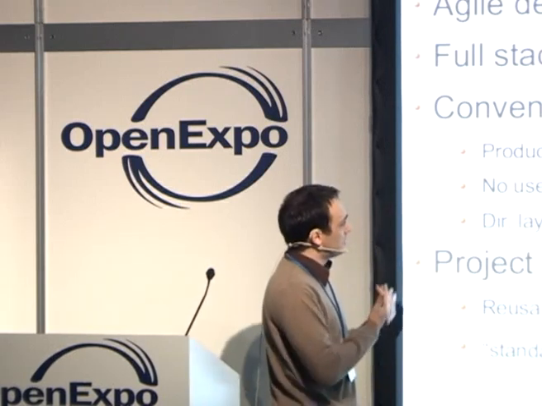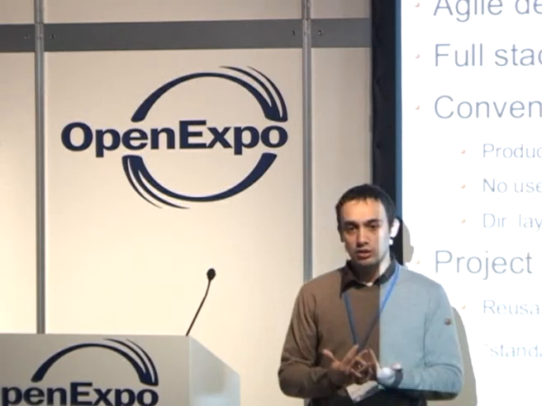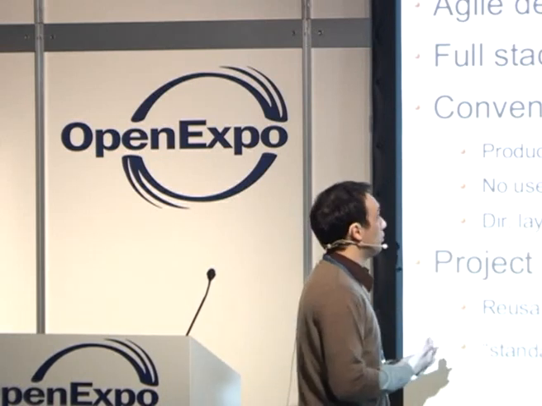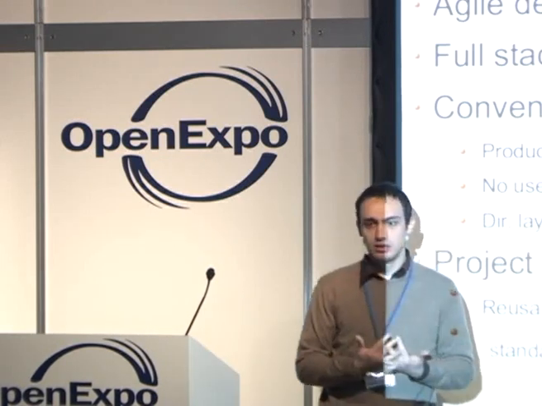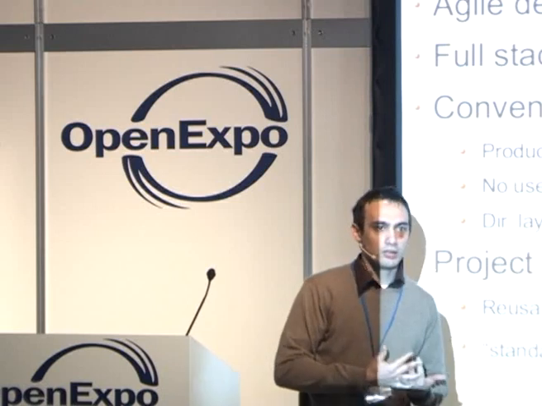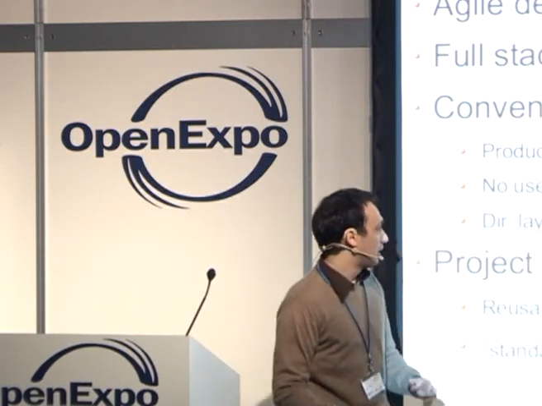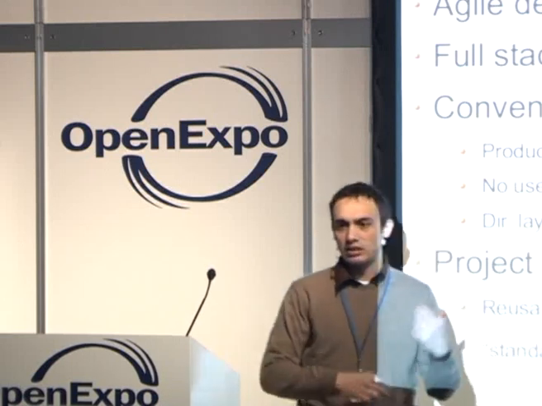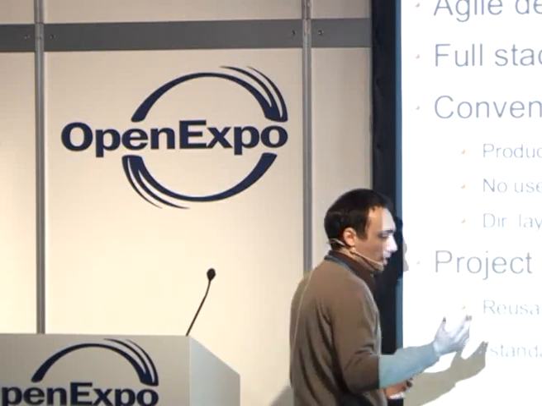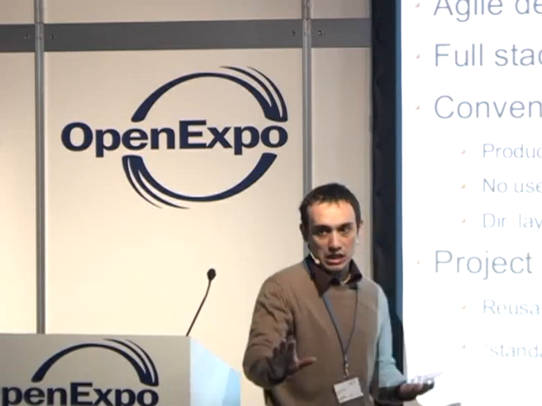Even more, it's based on convention over configuration. Basically, in Java, you have to configure everything, and so you have to write a lot of XML or properties files, a lot of things. Instead, Rails takes another approach. It says, I have configured this in this standard way. If you want, you can change it.